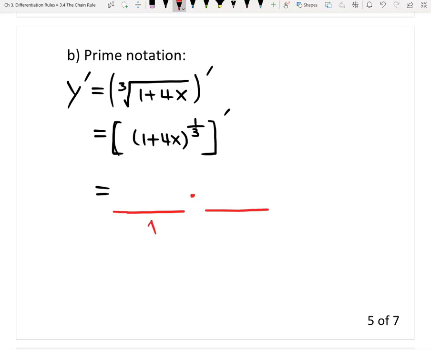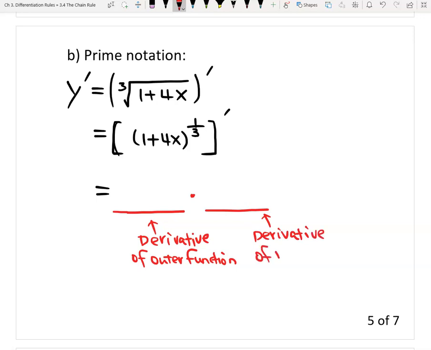We said this should be the derivative of the outer function. I will write a few more words. And here should be the derivative of the inner function, right? Inner function.